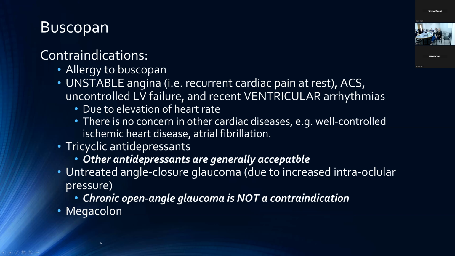And then again, one other commonly cited contraindication would be in the case of megacolon, because of potential further relaxation of the bowel smooth muscle in the use of buscopan in patients who have megacolon that can theoretically increase the risk for perforation.